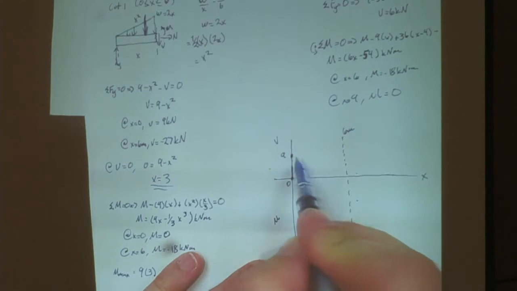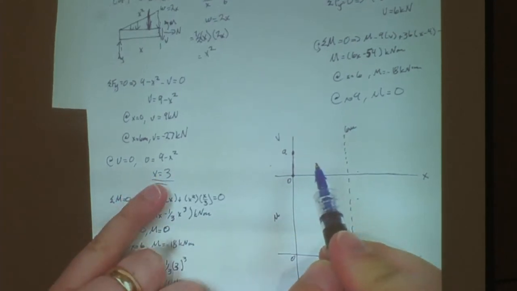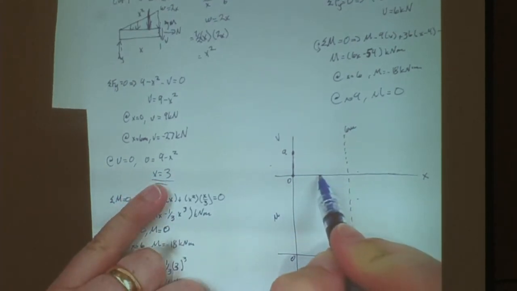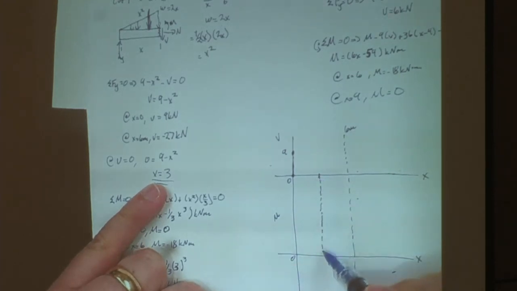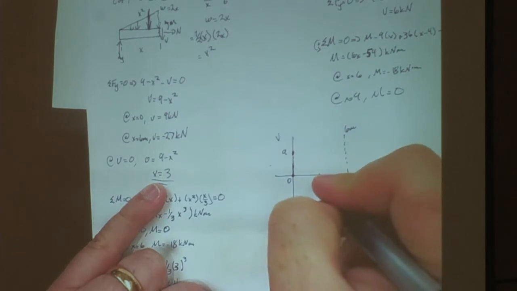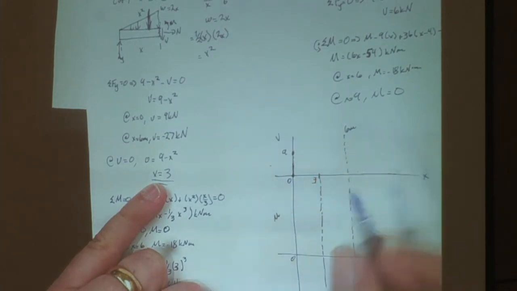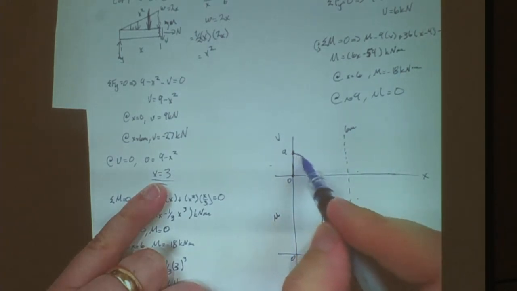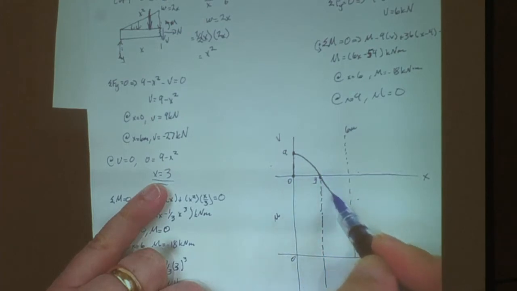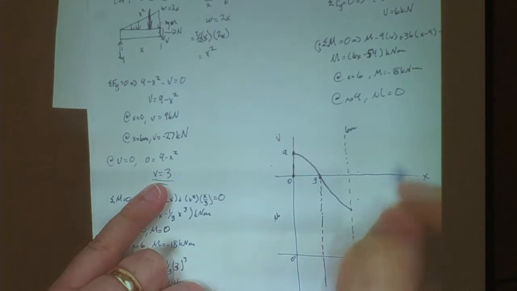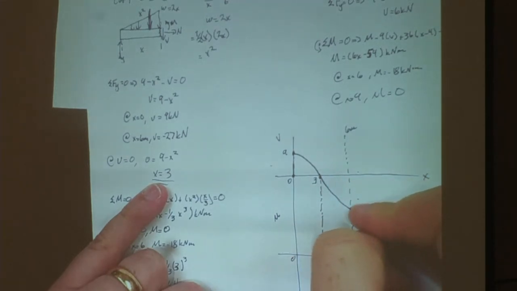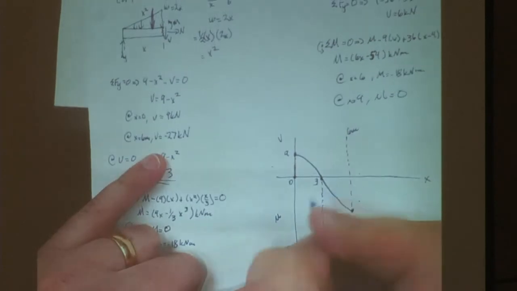And then where we cross the x-axis is at 3. So let's just say that's 3. Something like that. All right. And then we leave off at negative 27.